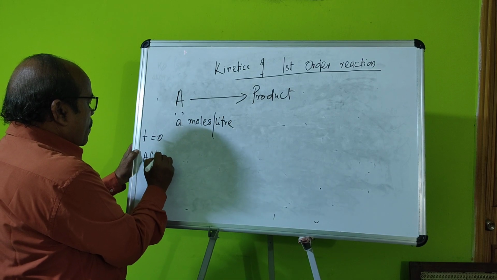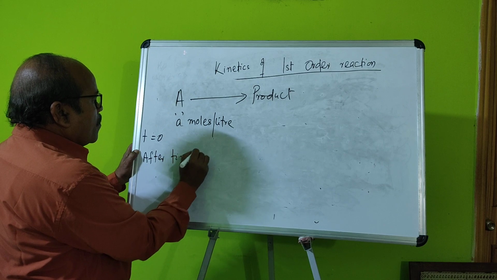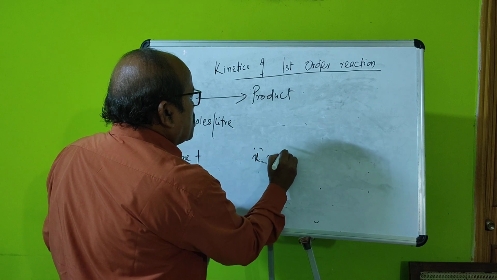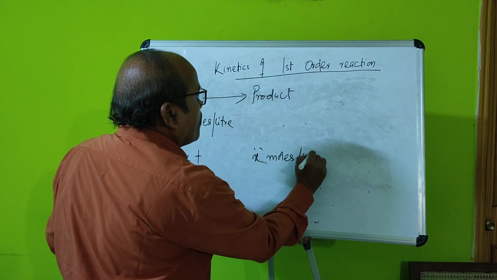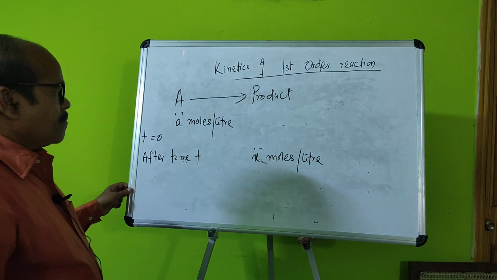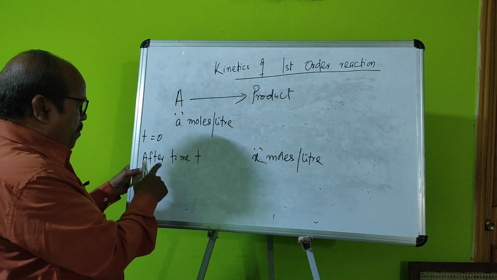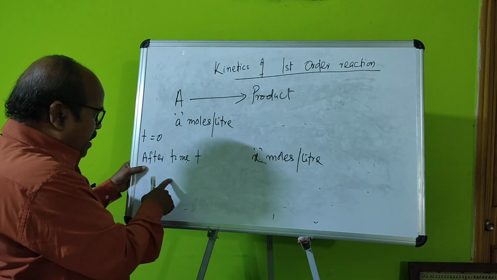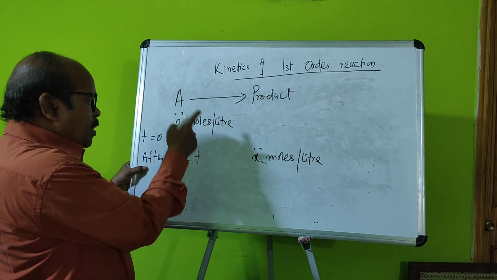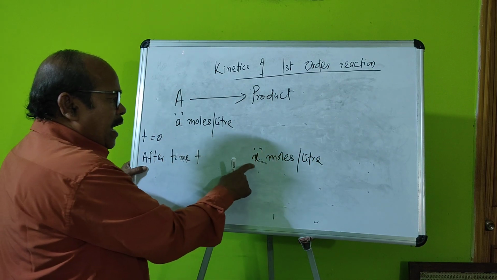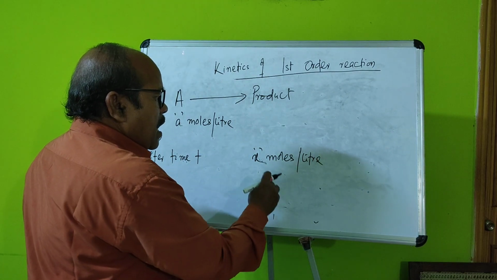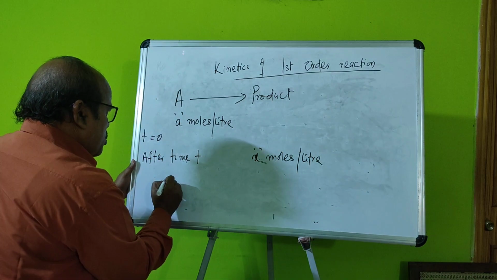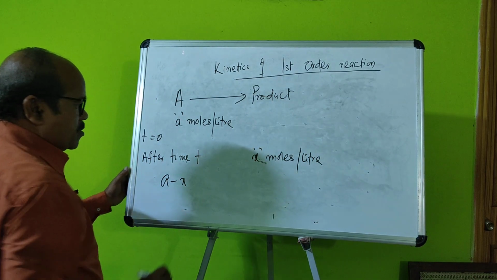After time t, x moles per liter is removed from A to give rise to product, and the remainder is a minus x.